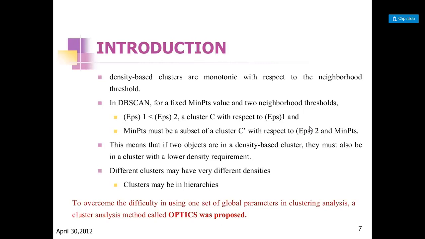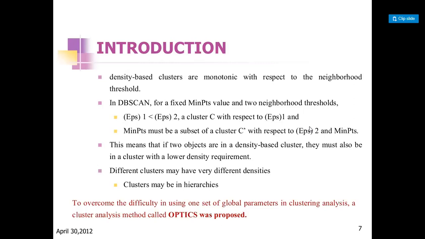Then the number of points lying inside the epsilon 1 radius would definitely be less than the number of points lying inside the epsilon 2 radius, because it is a subset of it.